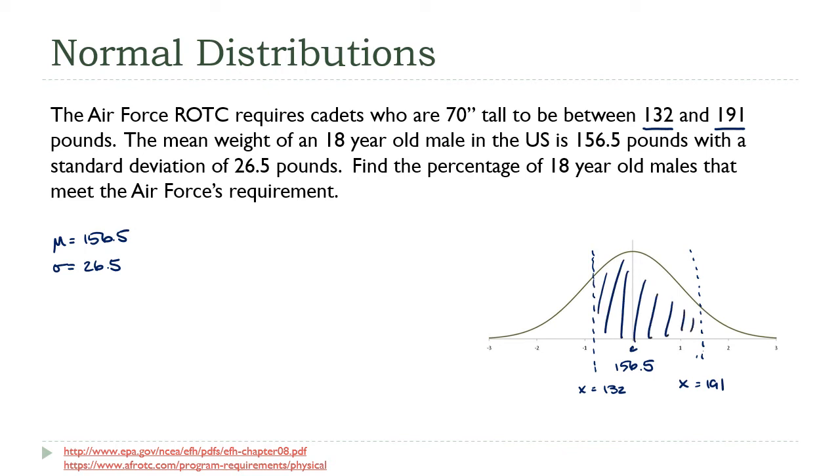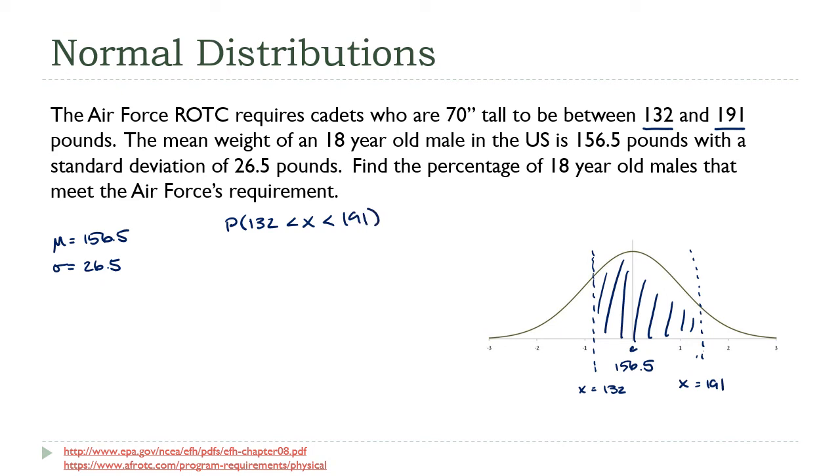You remember how we do an in between, right? I'm going to look up both numbers in the table, and subtract the smaller one from the bigger one. So what I'm looking for here is the probability that 132 is less than x is less than 191.